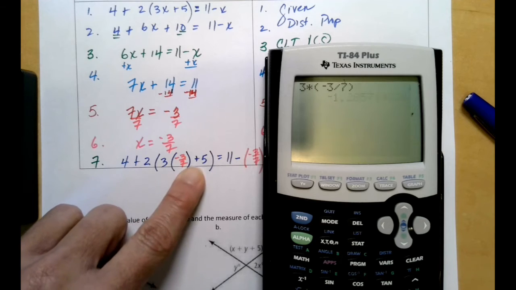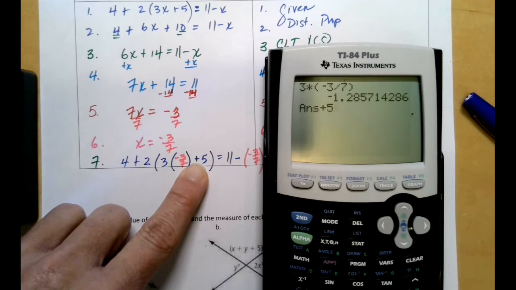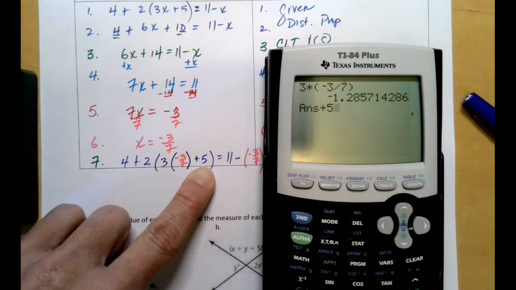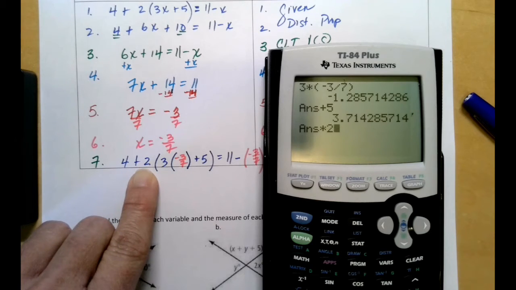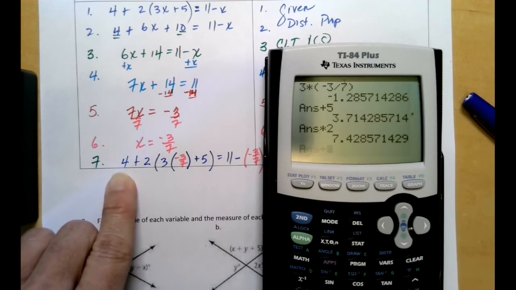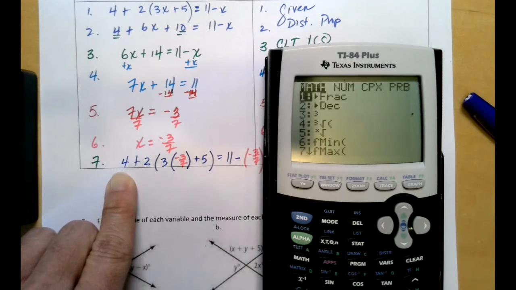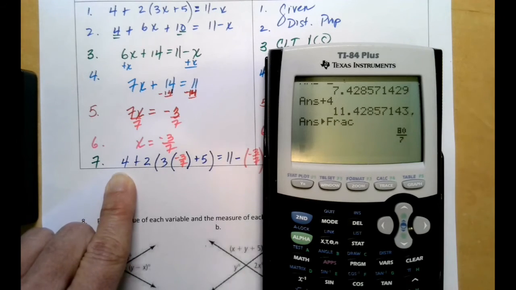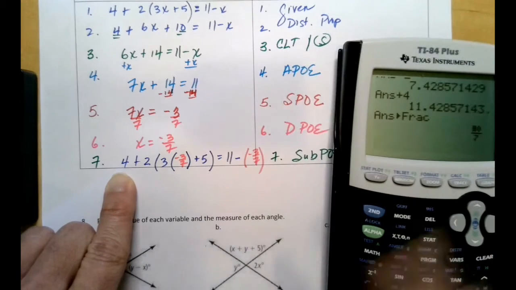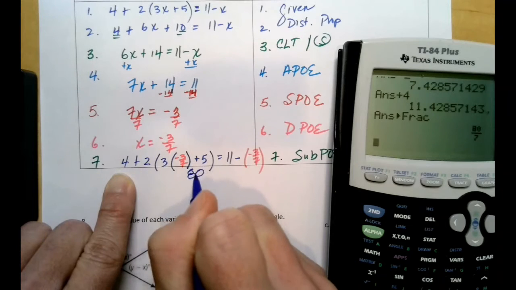And we're going to add 5. And then we're going to multiply by 2. And then we're going to add 4. So you can go to math and ask it to please put that back into fraction form for you. And what I get here is a value of 87 sevenths.